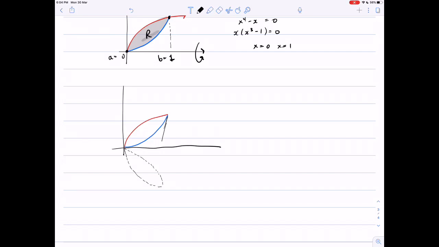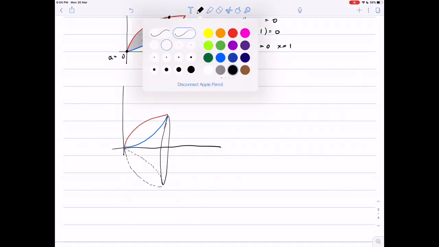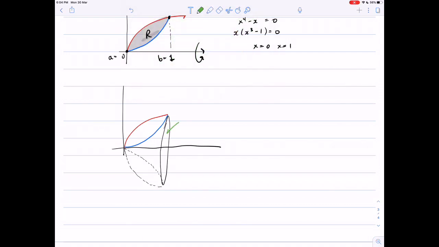So we're getting a solid that looks like this, where the inside here is hollow. It's like a wine glass with very thick walls, right? So the inside is hollow, but this region here is creating thick walls.